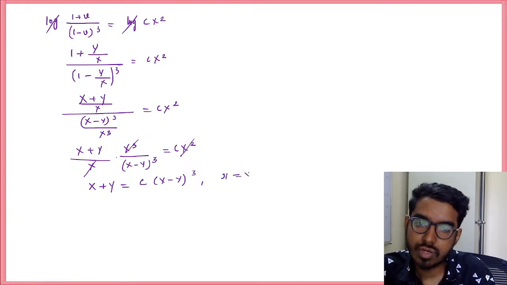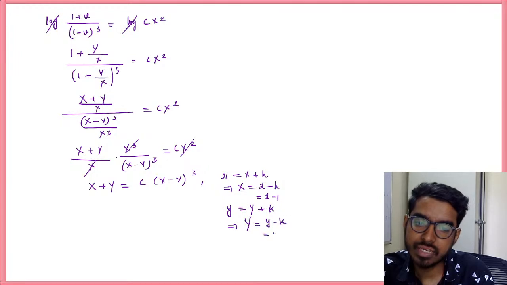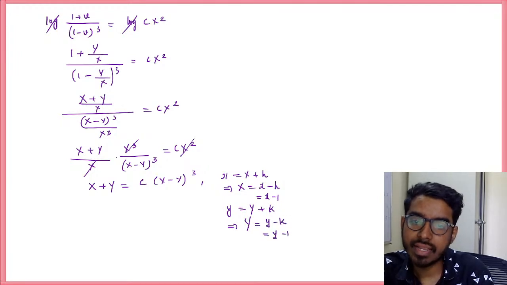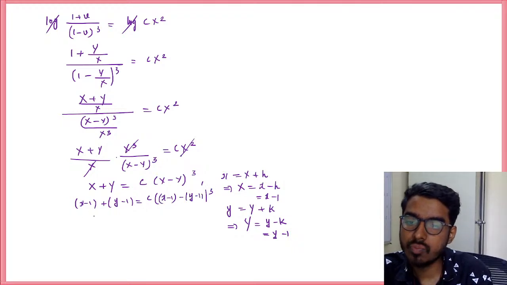So we know that small x is capital X plus h, which implies capital X is x minus h, and h is 1 in this case. And we know small y is capital Y plus k, which implies capital Y will be small y minus k. So in our case, capital X is x minus 1, capital Y is small y minus 1.